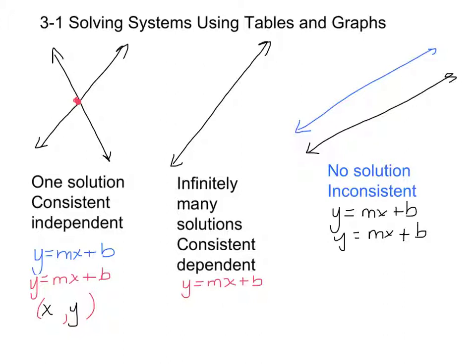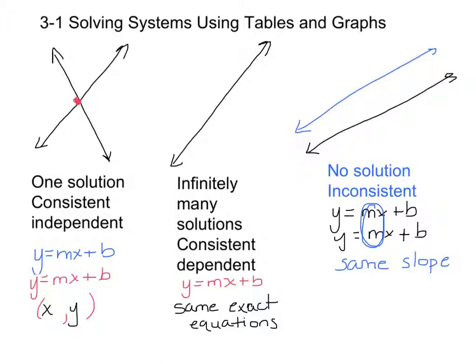This is going to be the same exact equations. They're going to be exactly the same. And then these two will only have the same slope, but the y-intercepts are going to be different.